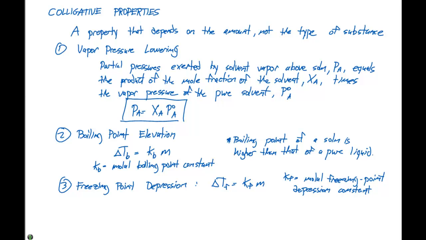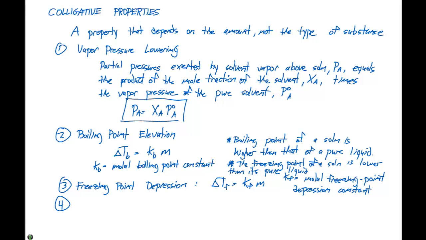And we can say that in contrast to the boiling point here, the freezing point of a solution is lower than its pure liquid. So this leads to boiling point elevation and freezing point depression.